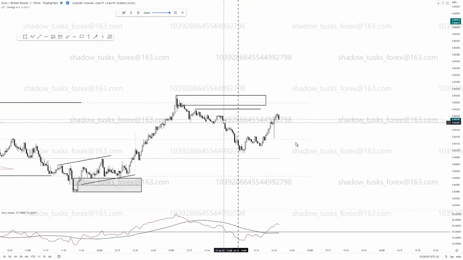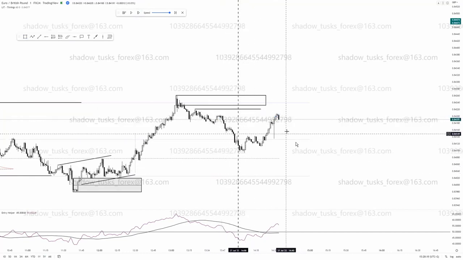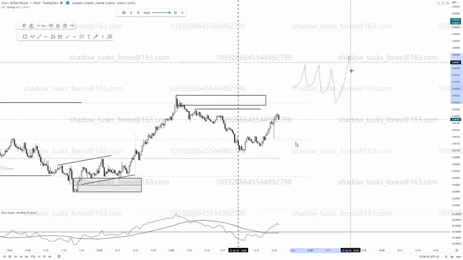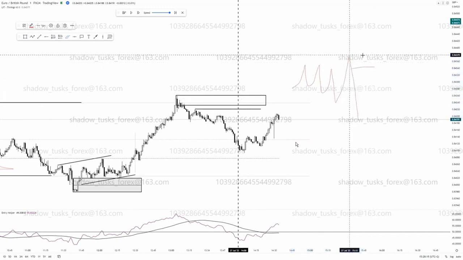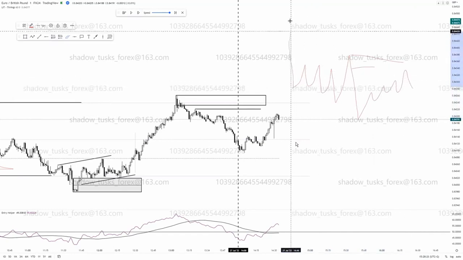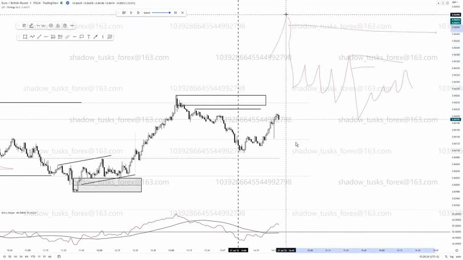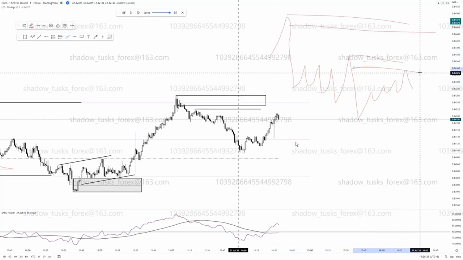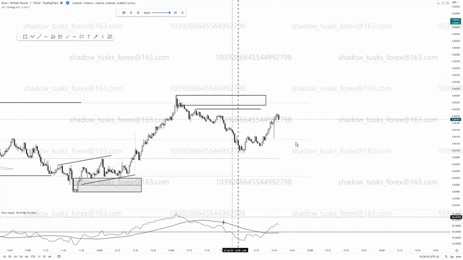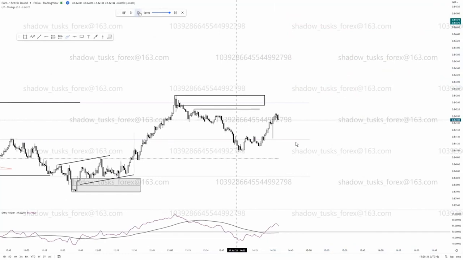If you're going to take a zone like this, it has to be really, really confirmed. Then you can play that zone. That's the circumstance where you can play that zone, at least if you want to trade similarly to me.